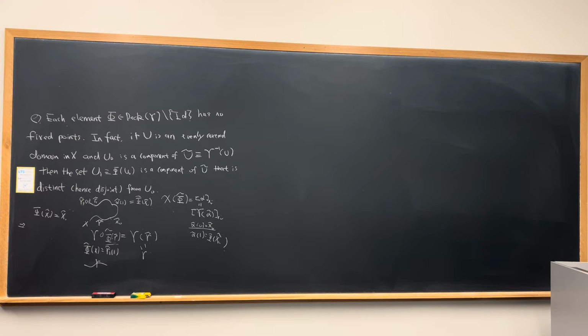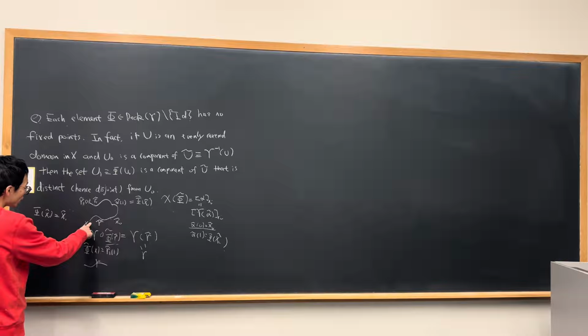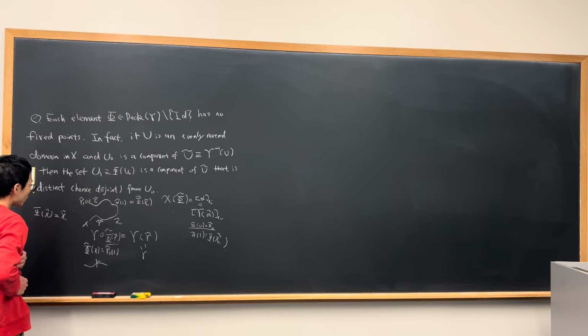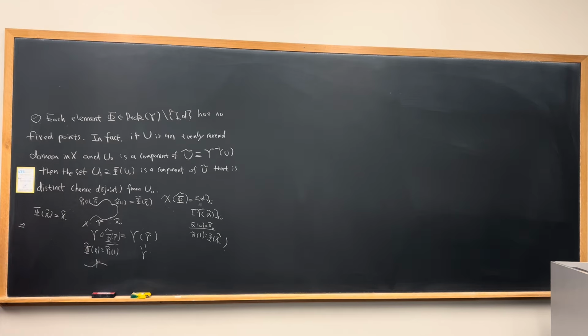Namely, for any point, if I connect the point with this point and then apply phi to it, because it has to be the same point, it has to be the same line. I think that shows the result, right?